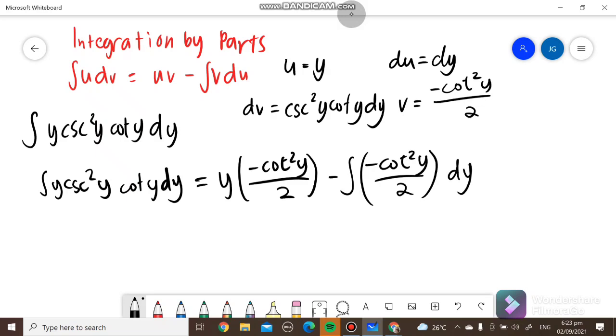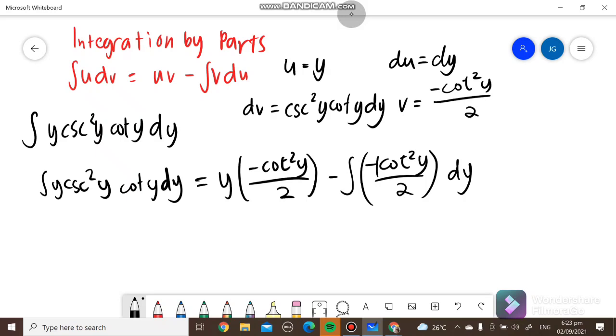Okay? So, with that, we can just simply put outside our 1/2 here, and then directly integrate it.